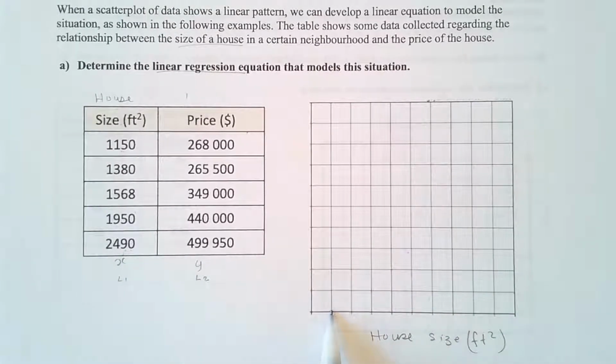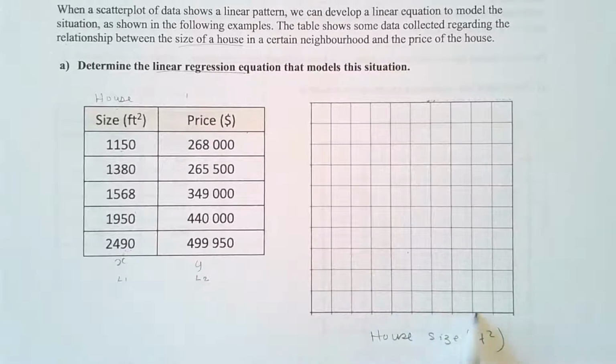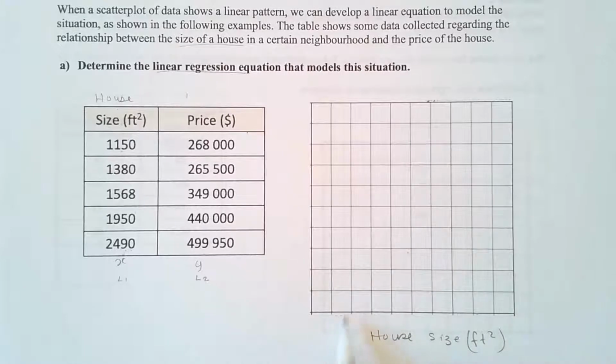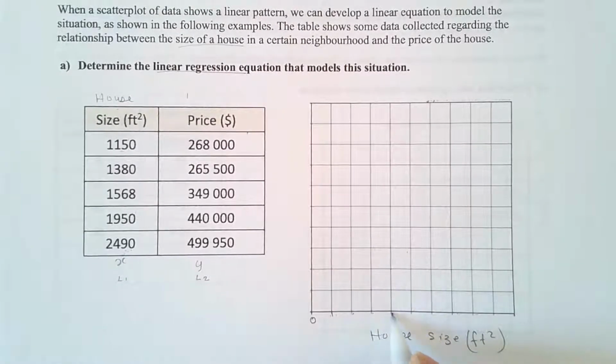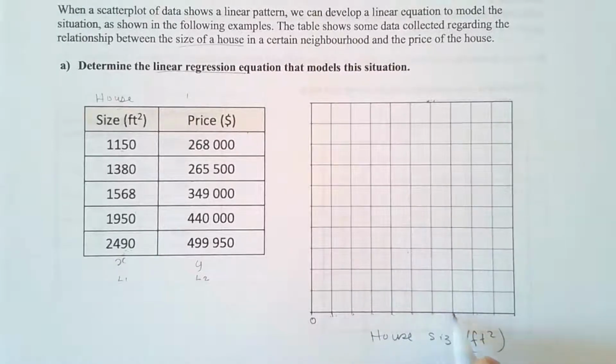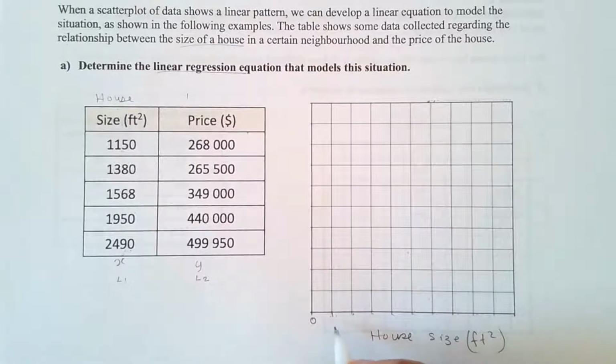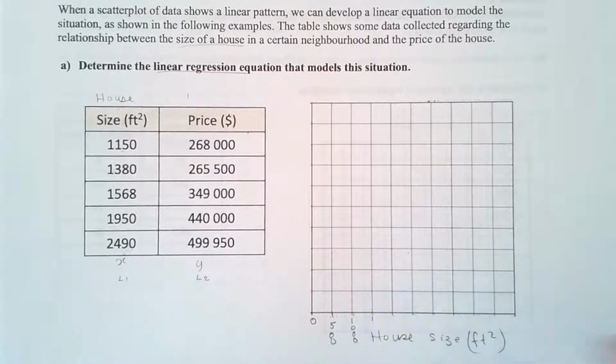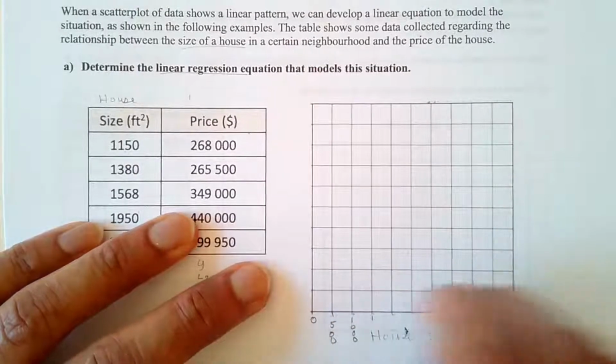Here we have a grid of 1, 2, 3, 4, 5, 6, 7, 8, 9, 10. So we can make each one of these 500. If this is 0 here, this would be 500, 1,000, 1,500, 2,000, 2,500, 3,000. So we'll go beyond it. So this is going to be 500, 1,000, 1,100. I'll just make this a bit lower.